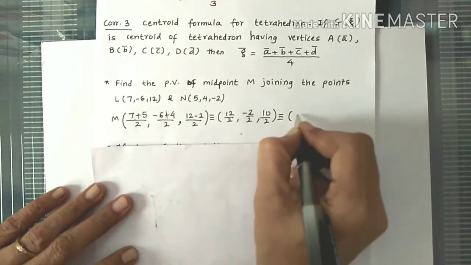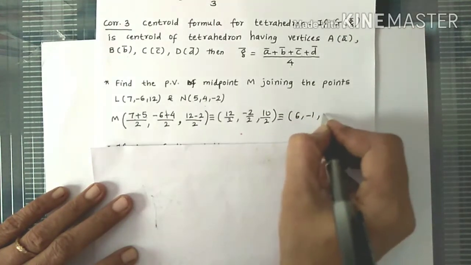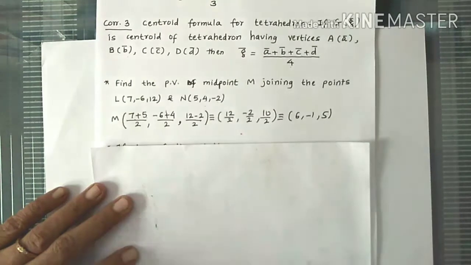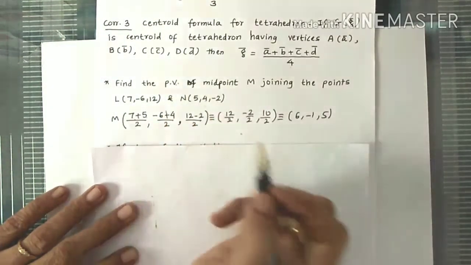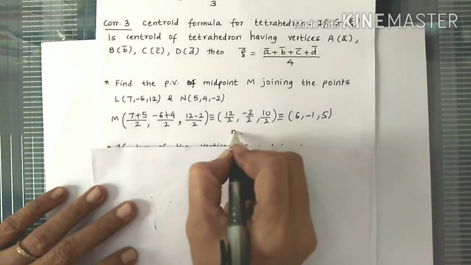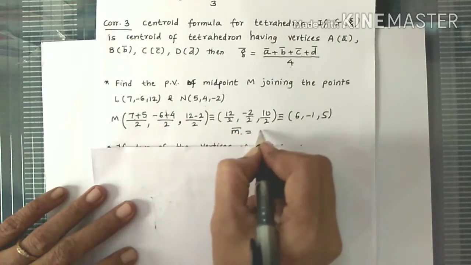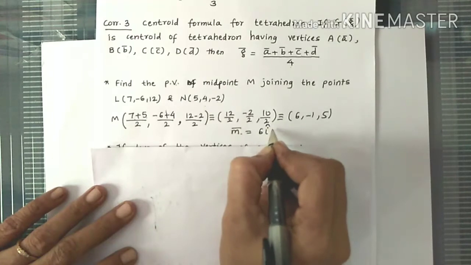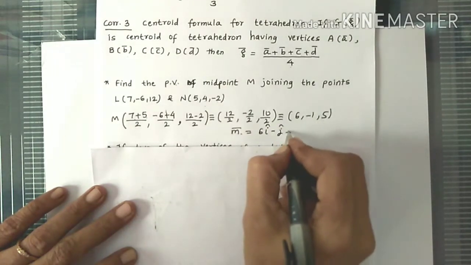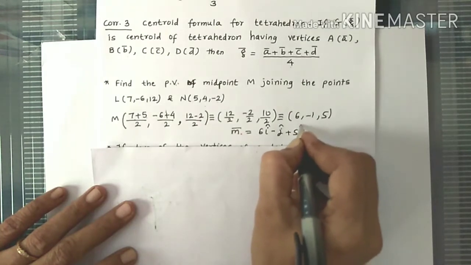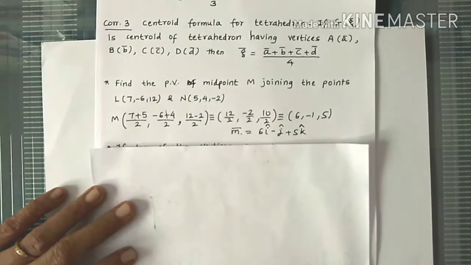So this is (6, -1, 5). These are the coordinates of M, but the question is to find the position vector. So the position vector of M bar is 6i cap minus 1 into j cap plus 5 into k cap. So this is the answer, the position vector of M.